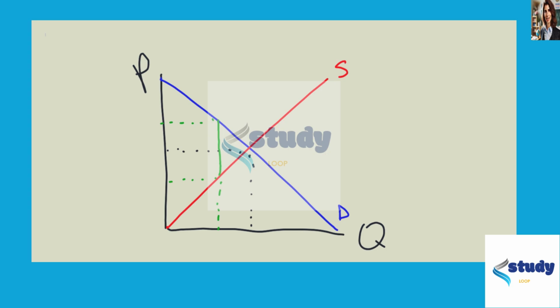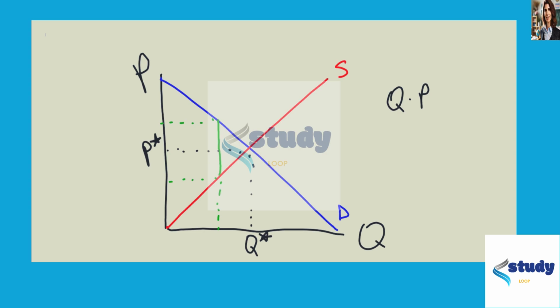tax. Now we have to identify the areas before and after the imposition of the tax. Total spending by consumers. Let's do that first. Total spending by consumers was previously Q times P, right? So it was our original Q star, we'll call it, and P star. Those were the original price and quantity, all right?